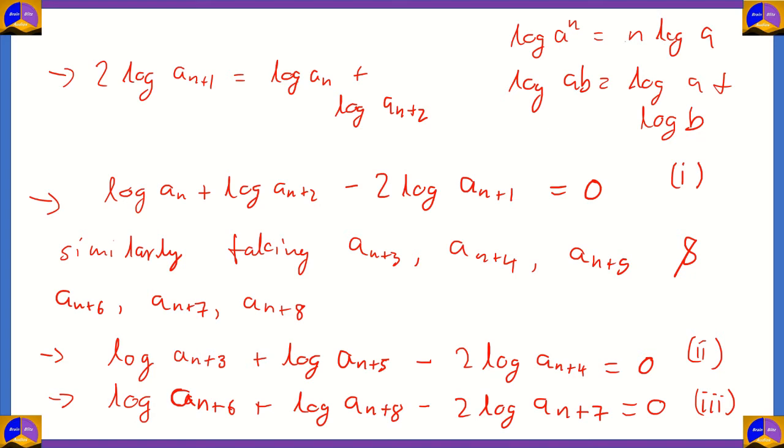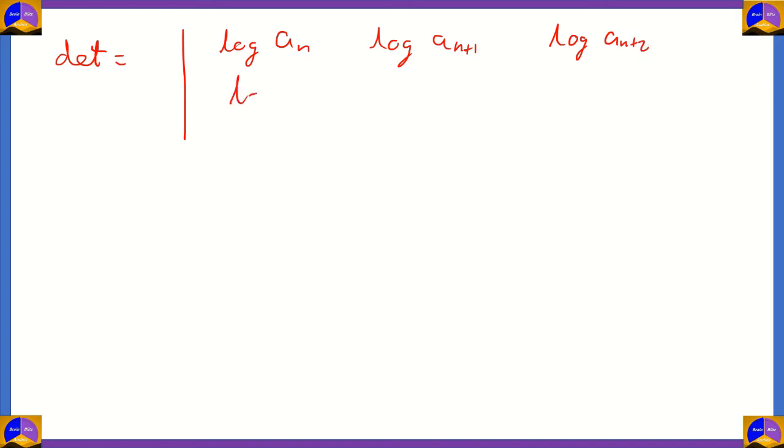Now, why are we taking these three equations? You will see that when we look at the determinant. So over here, the value of the determinant is log An+1, log An+2, log An+3, log An+4, log An+5, log An+6, log An+7, log An+8. You can see the similarity that we find. So over here, if you take a rearrangement, then you can make a whole column 0.